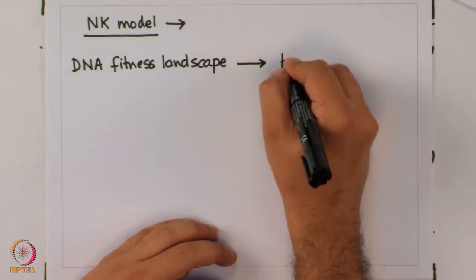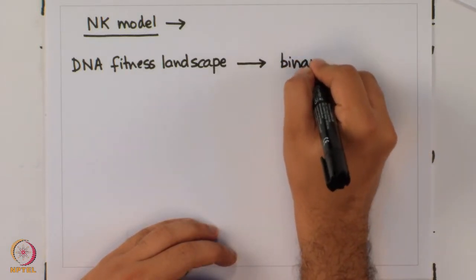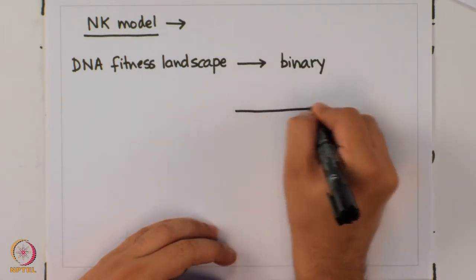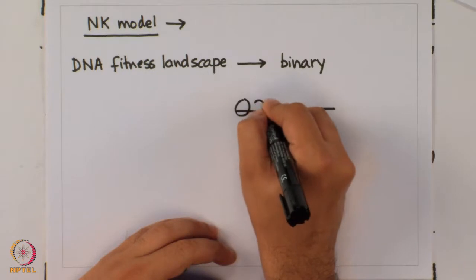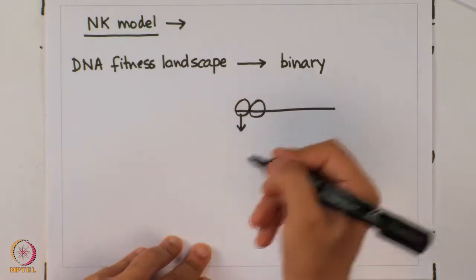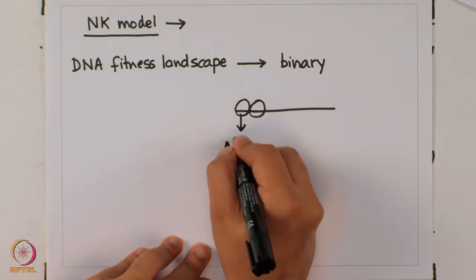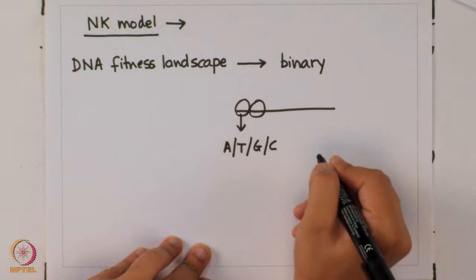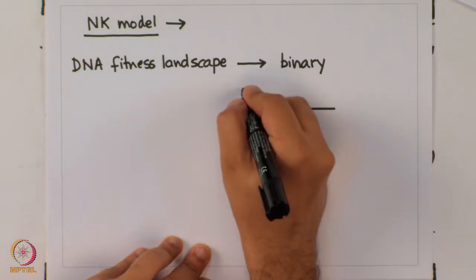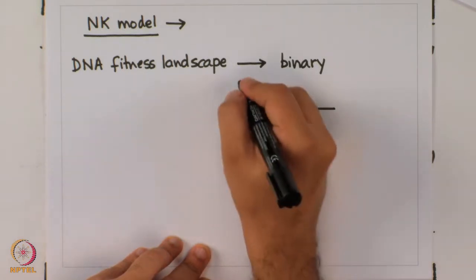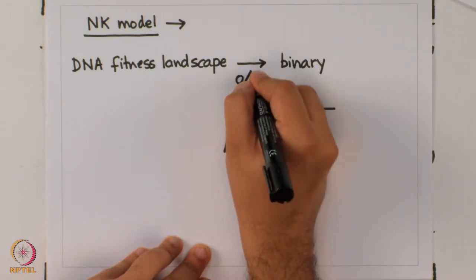So DNA is binary in nature, and what that means is that at every position on the string, whereas we know that on an actual DNA string this position could be occupied by any of the 4 nucleotides A, T, G, C, the big assumption that this model makes is that it could only take a value of 0 or 1.